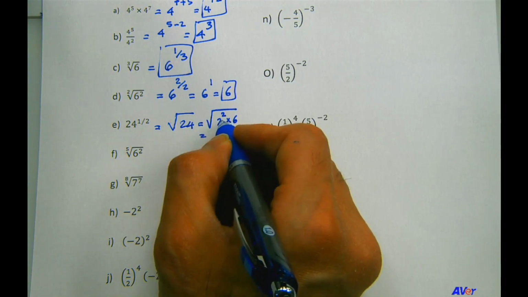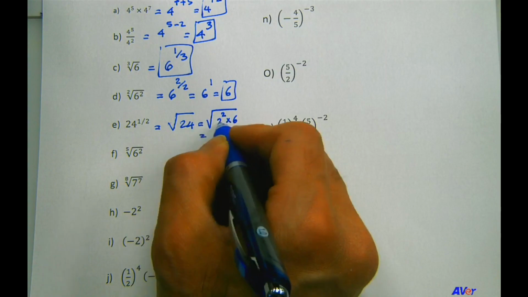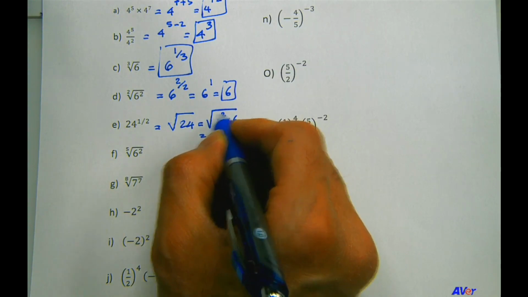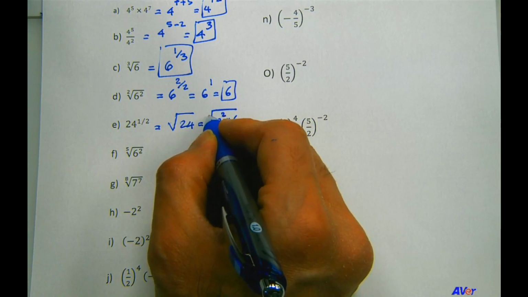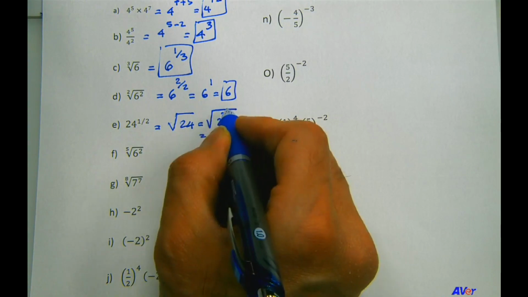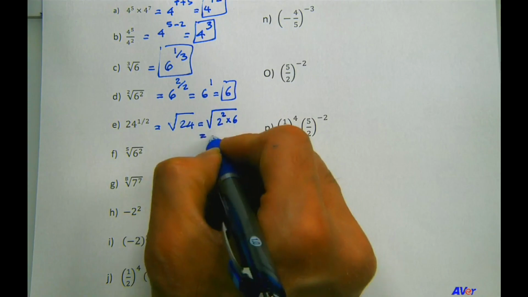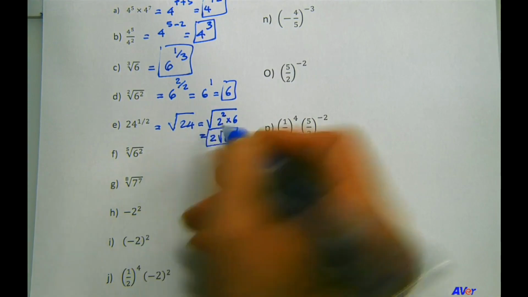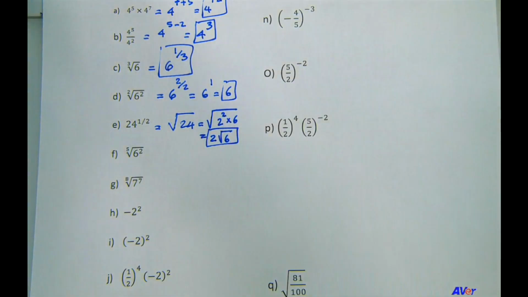So we can bring it out and put 2 in front. In the process, this power, because it's equal to the index, which is 2, gets canceled. So we have 2 square root of 6. Okay? And that's an equality sign like that.